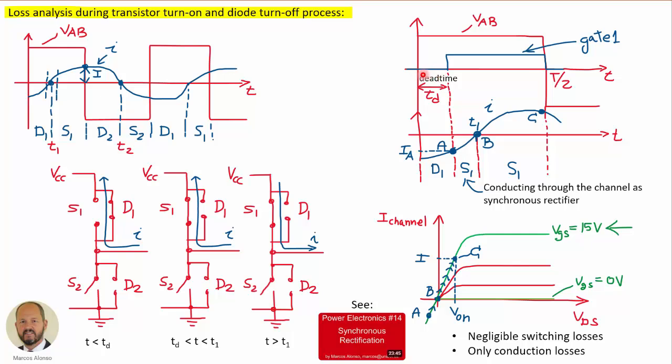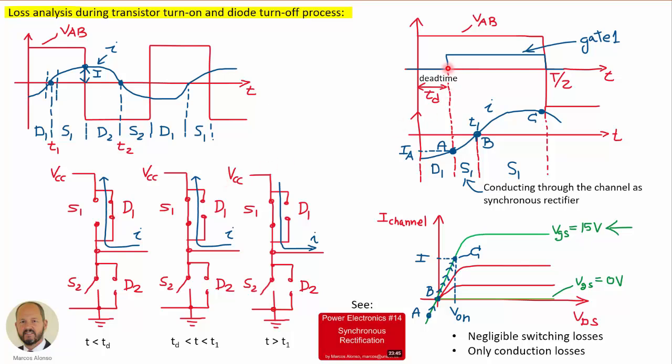So we have a dead time interval here, T sub D, and then we are activating the gate of the transistor. So before the transistor is activated, during the dead time interval, the current, which is negative, can only circulate through diode D1 in parallel with switch S1, the body diode of the MOSFET.